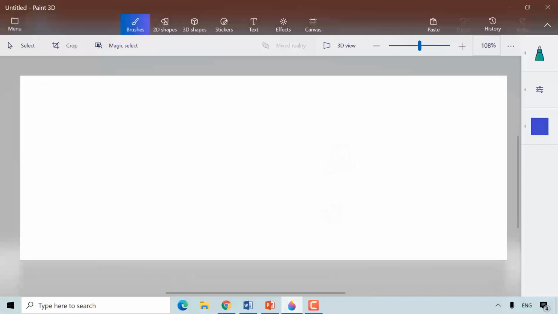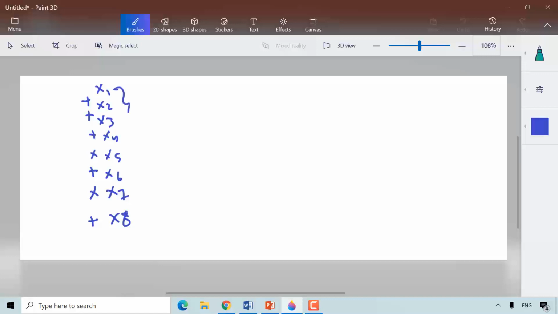Suppose I need to add x1 plus x2 plus x3 plus x4 plus x5 plus x6 plus x7 plus x8. Now, if we do this serially, meaning add x1, then add x2, then add the next, it will take on the order of n to do this complete addition.